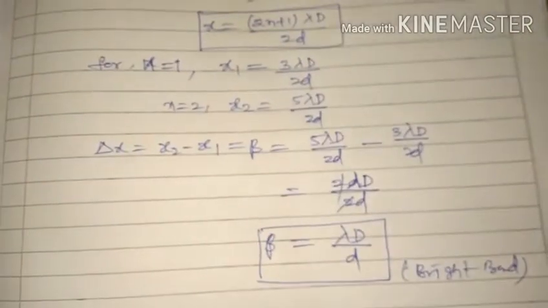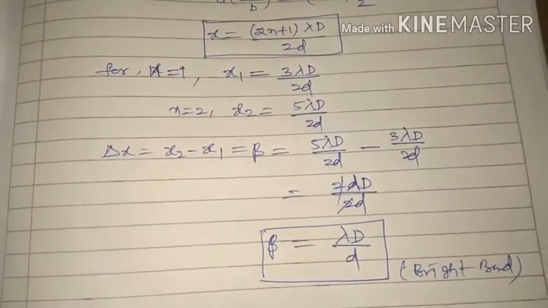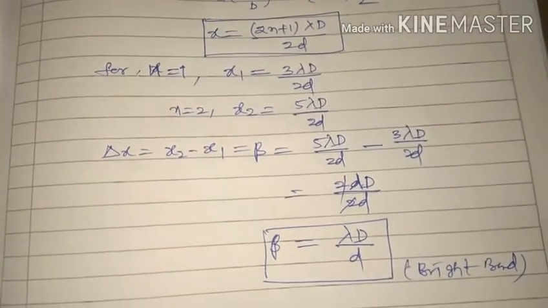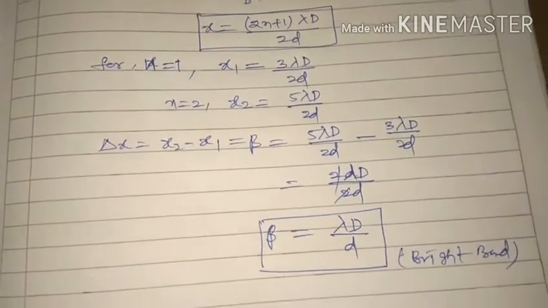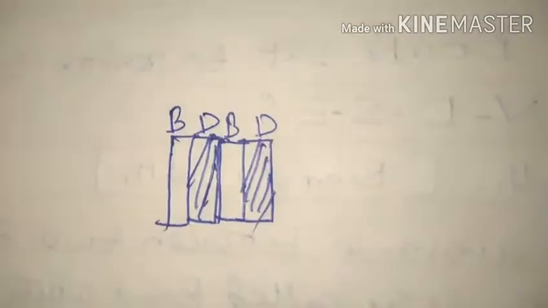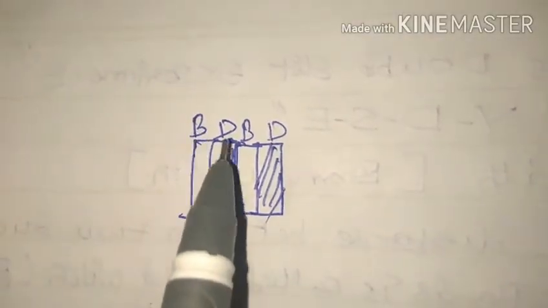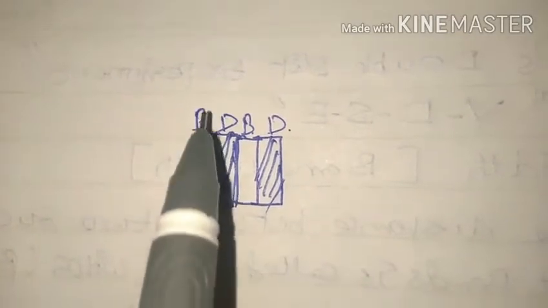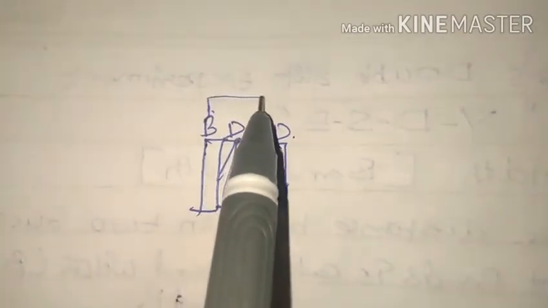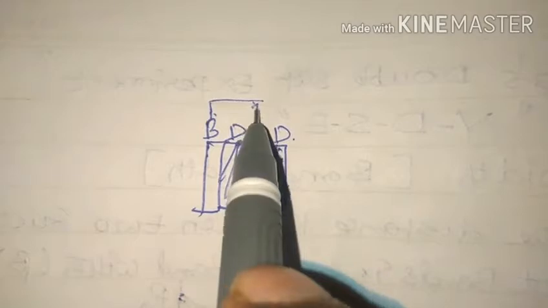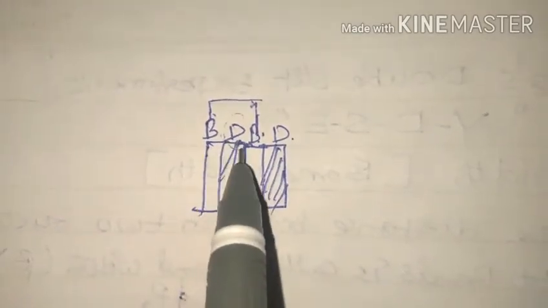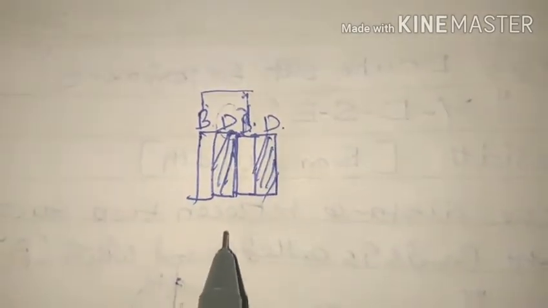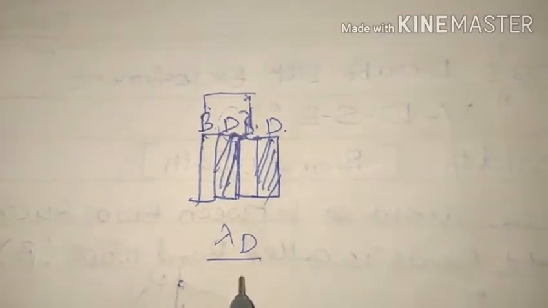So now the question is, what is the bandwidth between bright band and dark band? So guess what it is? How much is it? Here this is the bright band and this is the dark band. So here the distance between any two successive bright bands gives us the width of the dark band, that is nothing but lambda D by d.